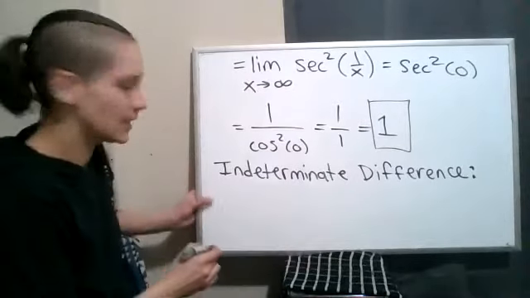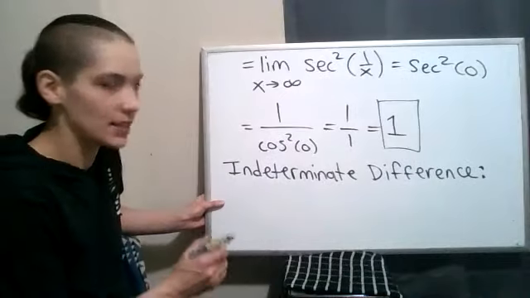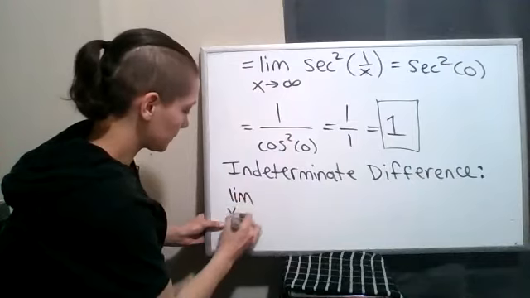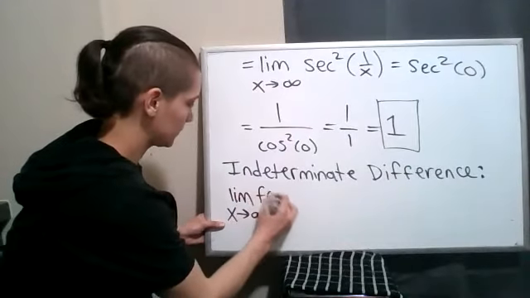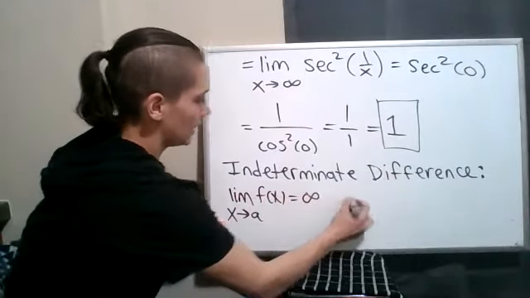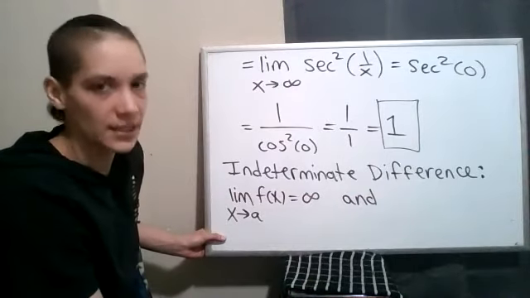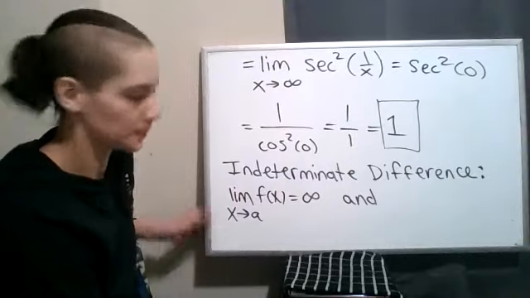Okay, so we're looking at the limit as x goes to a of f of x equal to infinity, and the limit as x goes to a of g of x is equal to infinity.